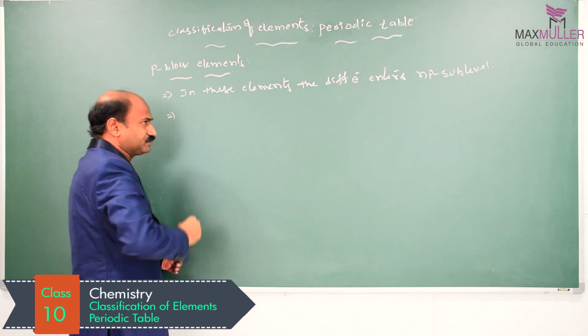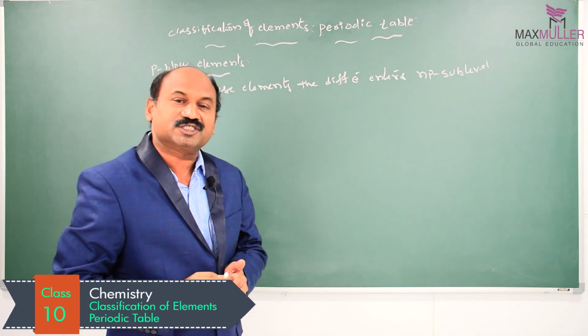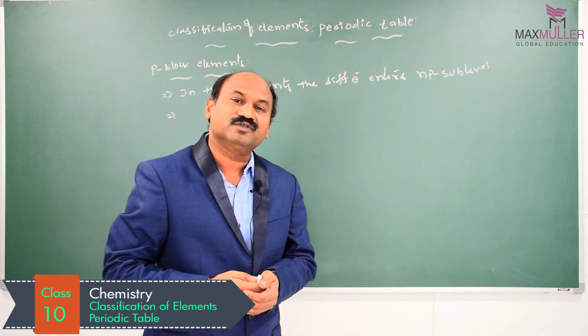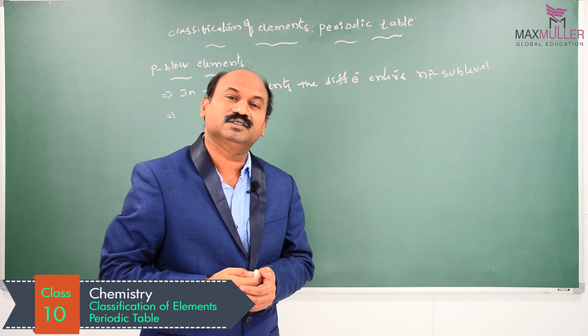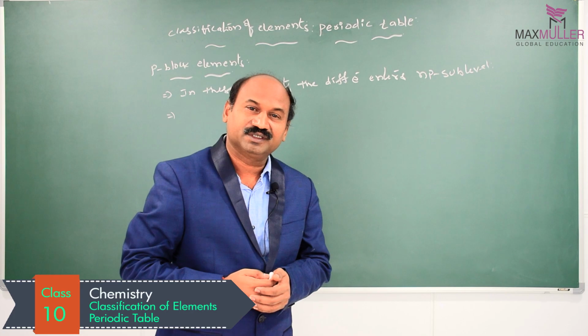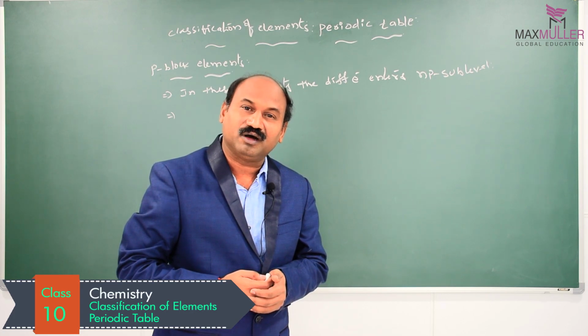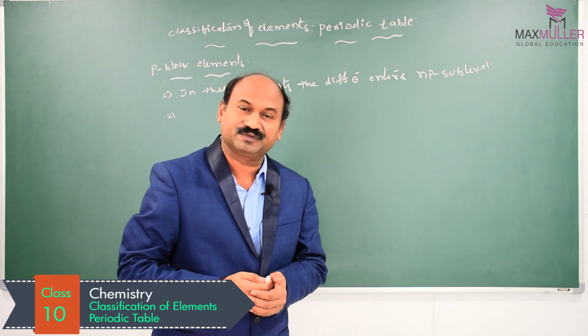You all know that the p sublevel can accommodate a maximum of 6 electrons only. That's why p block consists of 6 groups. All the p block elements are arranged in 6 groups.